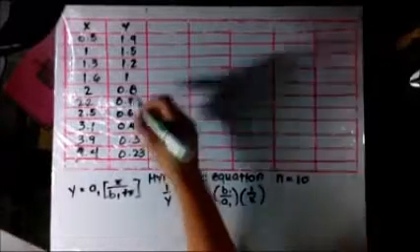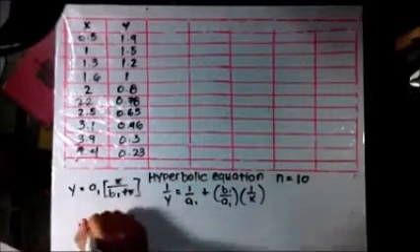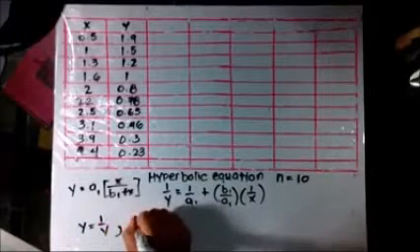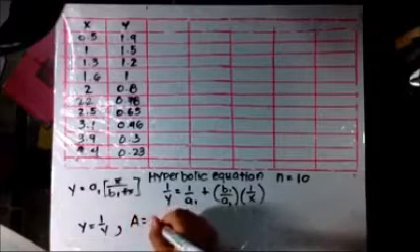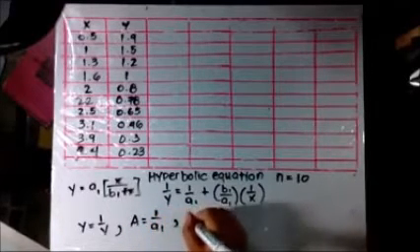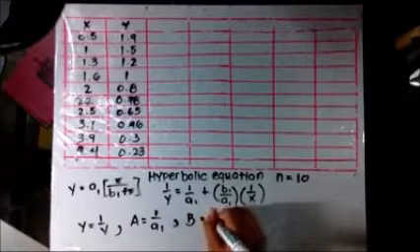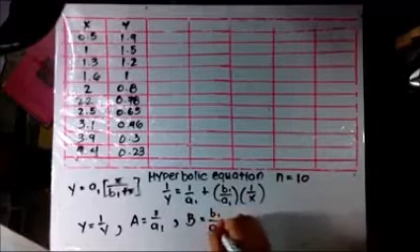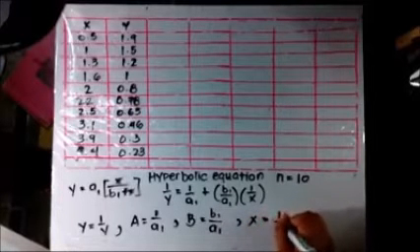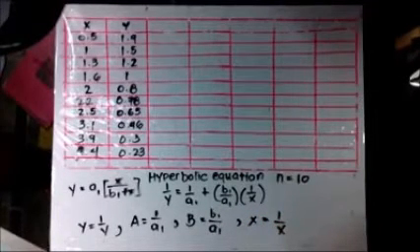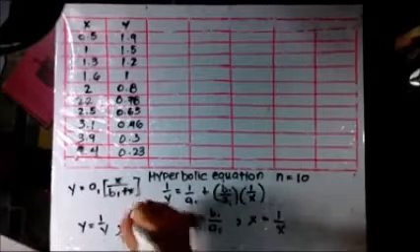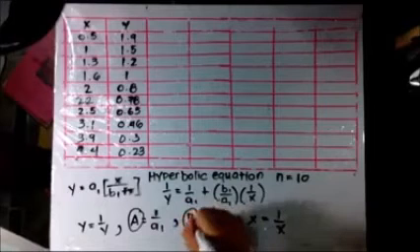For the value of y is equal to 1 over y. Then for the value of a is equal to 1 over a sub 1. Then b is equal to b sub 1 over a sub 1. And x is equal to 1 over x. So we have to compute for the value of a and b.